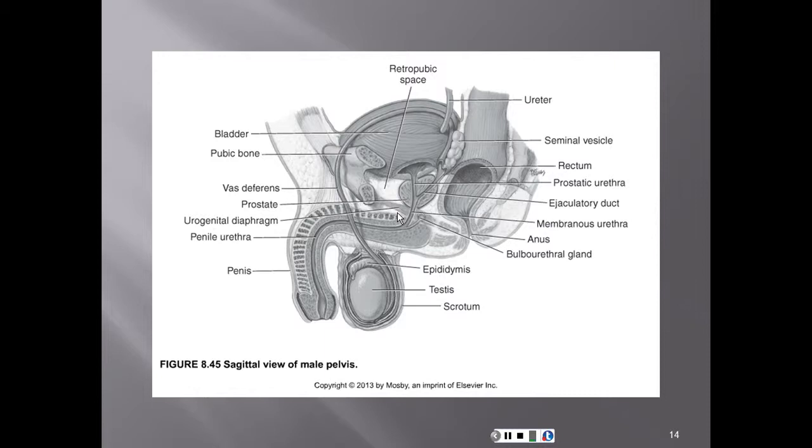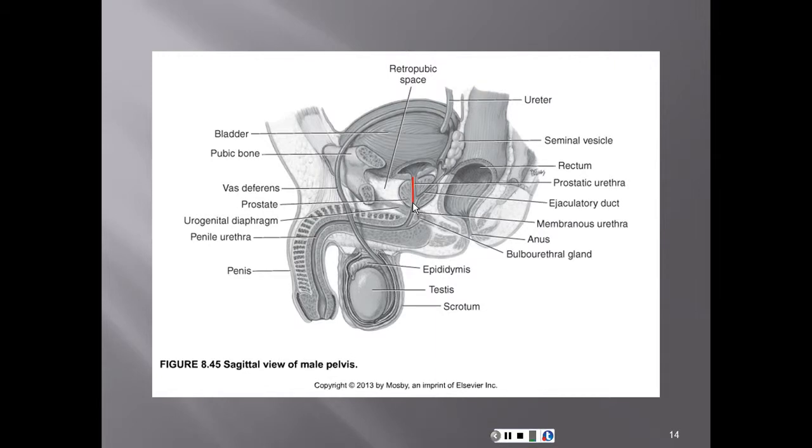Now, the male urethra is much longer than the female urethra, and extends from the inferior portion of the bladder. It can be subdivided into three regions: the prostatic urethra, the membranous urethra, and the penile urethra. The prostatic urethra is the prostate right there. So the prostatic urethra is that which travels through the prostate.